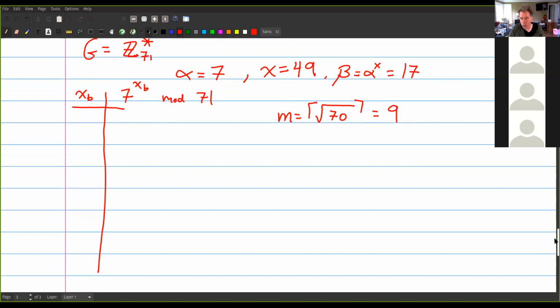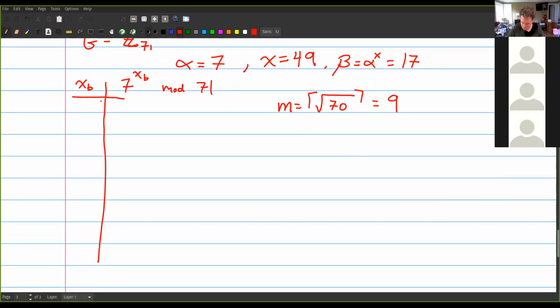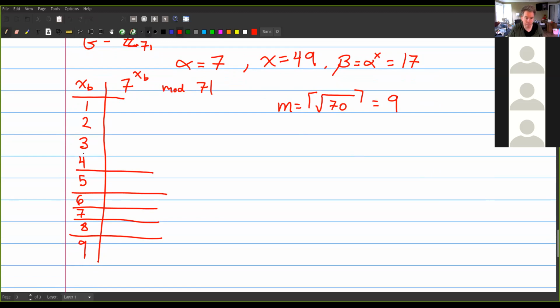So I have to try 9 values for xb here: 1, 2, 3, 4, 5, 6, 7, 8, 9. Now I'm doing 7 to each one of those. 7 to the 1 is 7, 7 squared is 49.